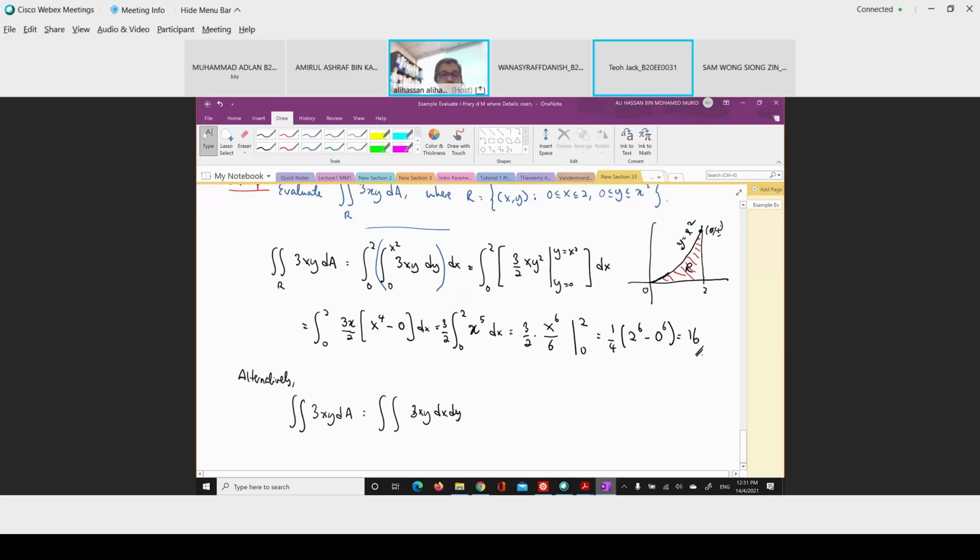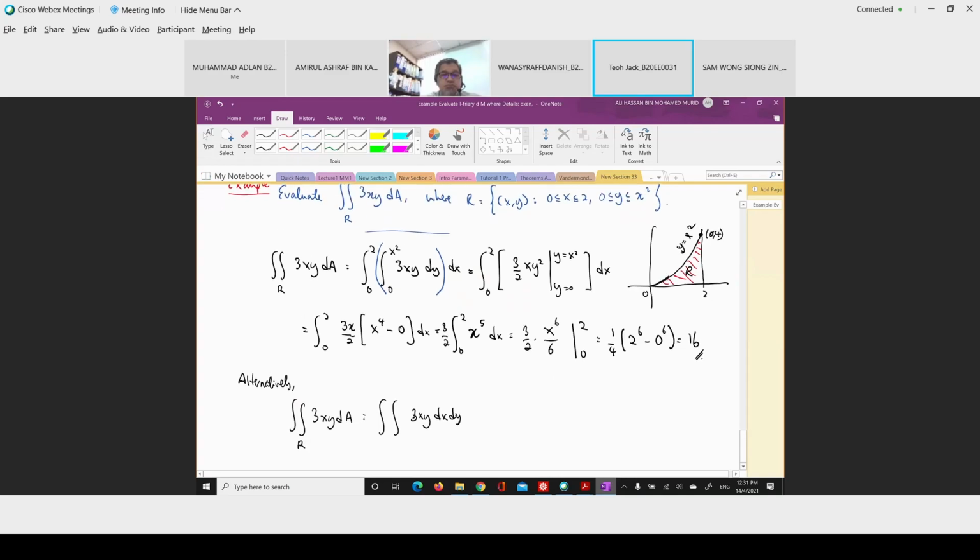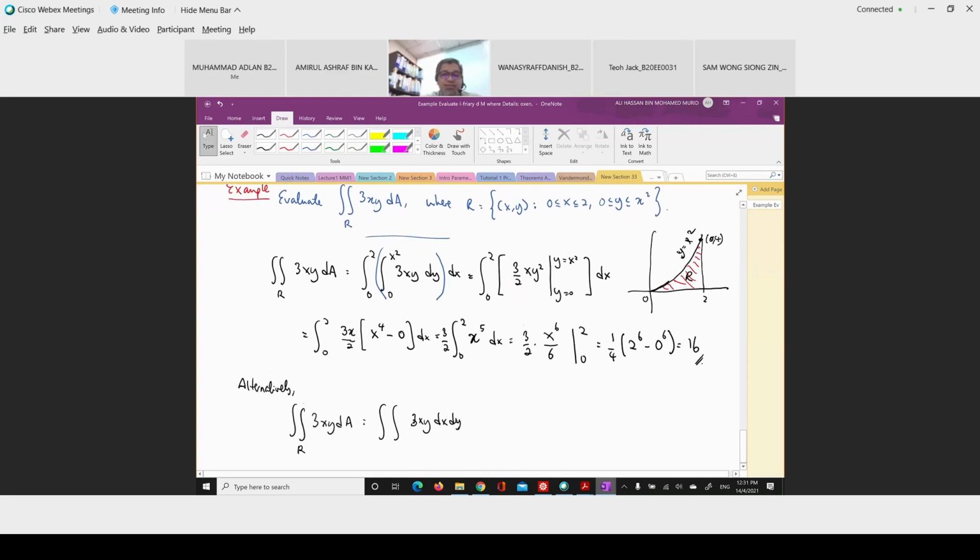I think it's impossible, maybe. But possible, but maybe complicated, maybe. Of course, we cannot write this in this form, right? You cannot just simply write like this.